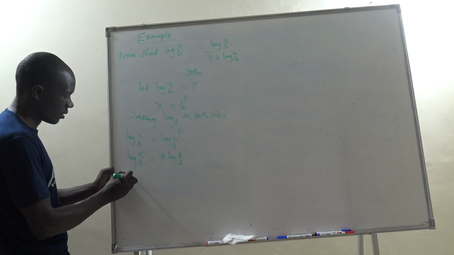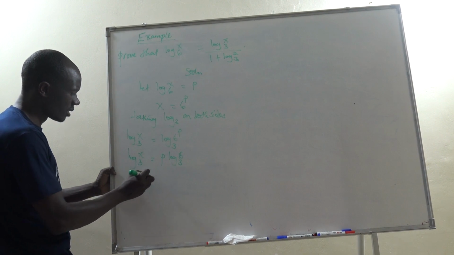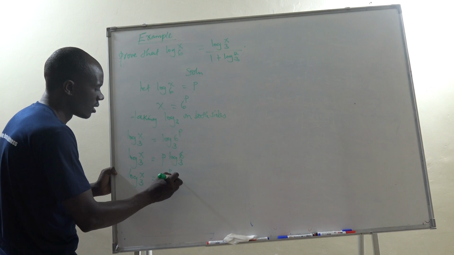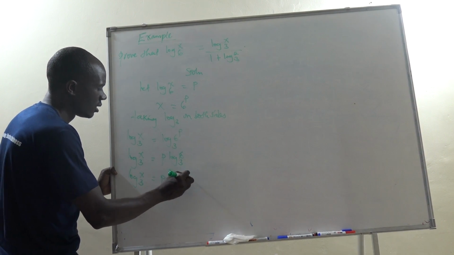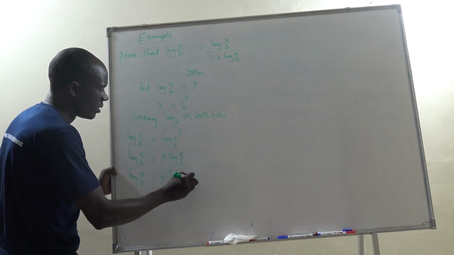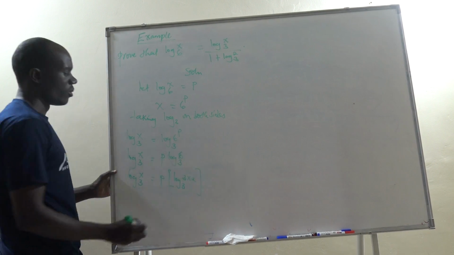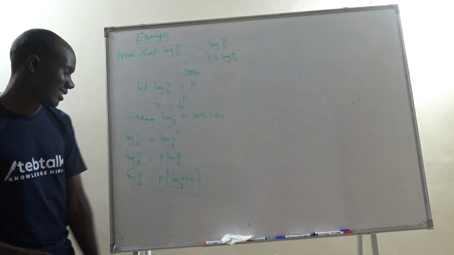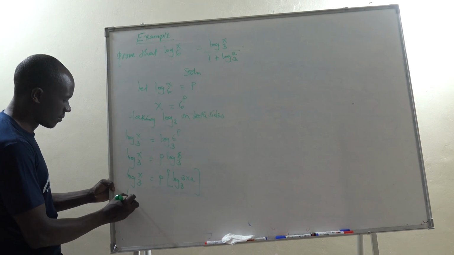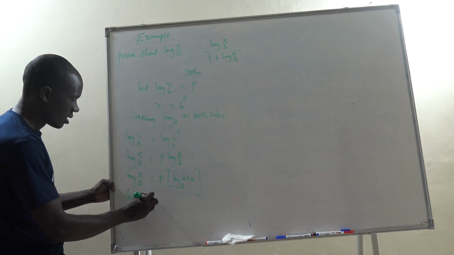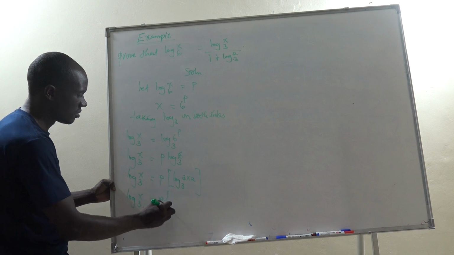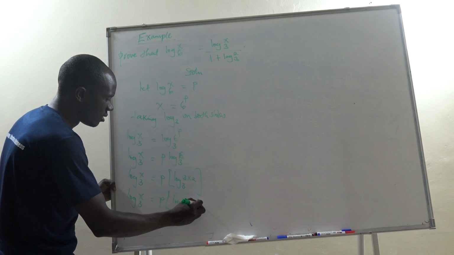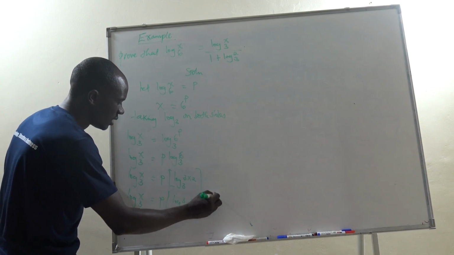So I've got log of x base 3 is the same as p into log of 3 times 2 to base 3. When we are multiplying numbers of the same base, addition arises. So we come to log x base 3 equals p into log of 3 plus log of 2 base 3.